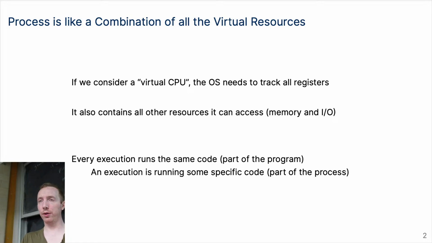So execution is running a very specific part of it, and it can change between processes. That's why, if you had a long-running program and you were bored of waiting for output from it, you could just run another one, which would probably make the first one slower, but hey, you could do it.